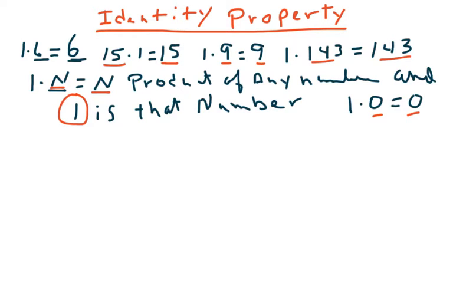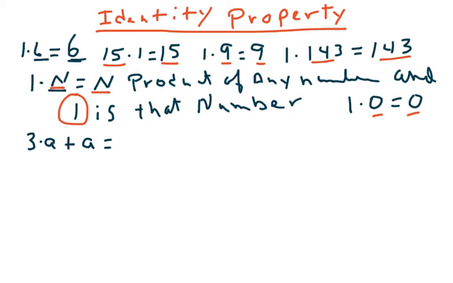Suppose we have 3 times A plus A. Okay? 3 times A plus A. This is like having 3 apples and adding another apple.